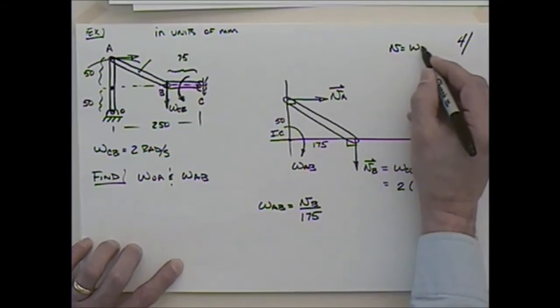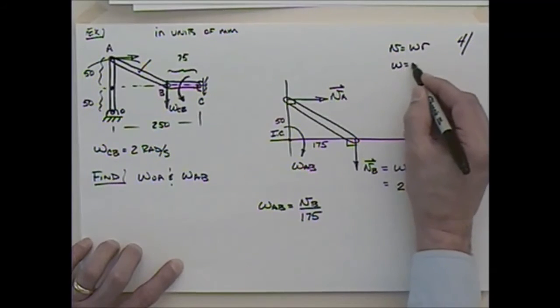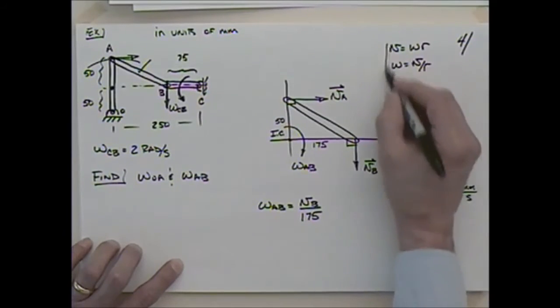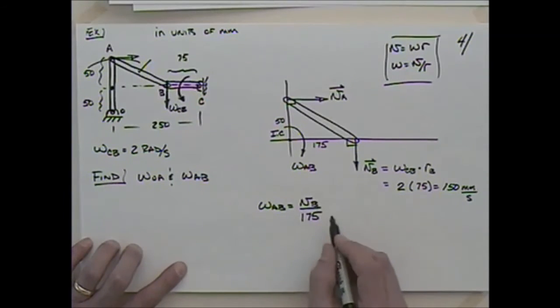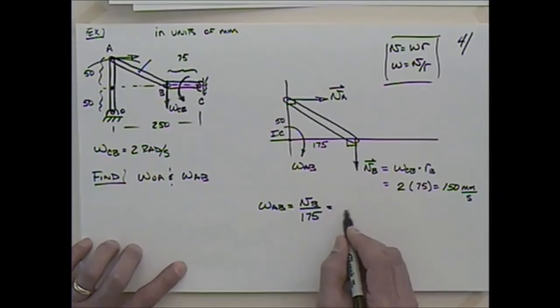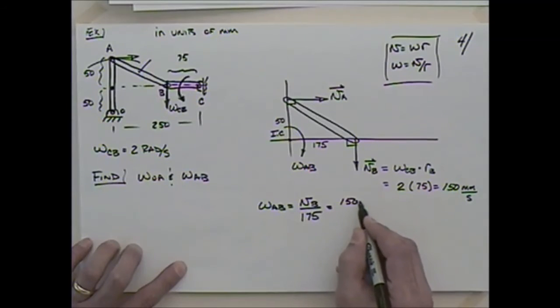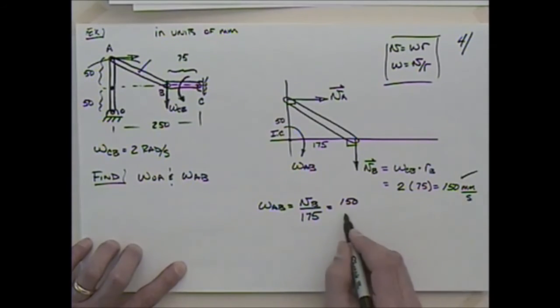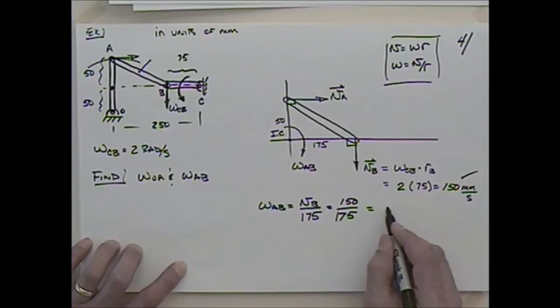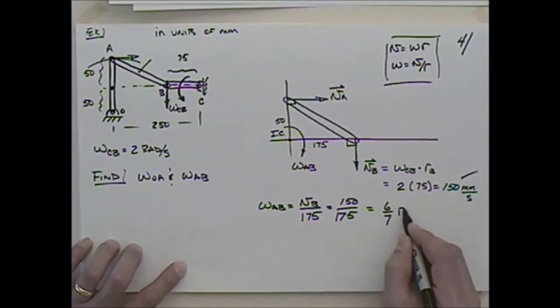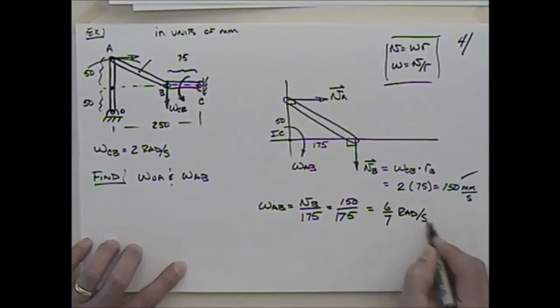Omega times R, or omega is equal to velocity divided by R. Okay, so I take my velocity and I divide by my distance, so omega AB turns out to be equal to 150 that we got over here, divided by 175, which is going to give me what? 6/7 radians per second.